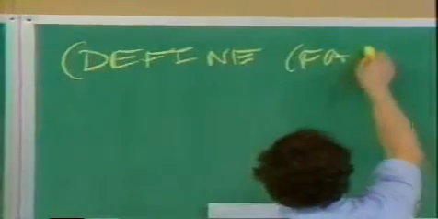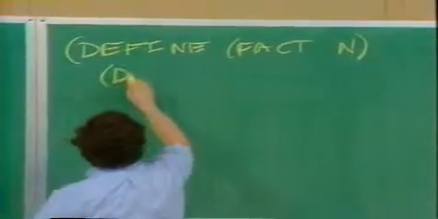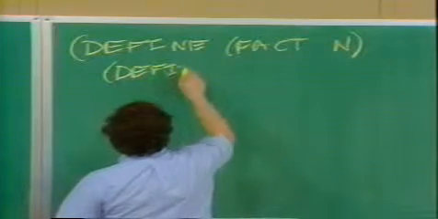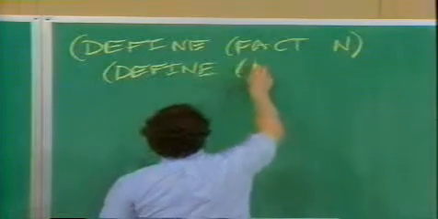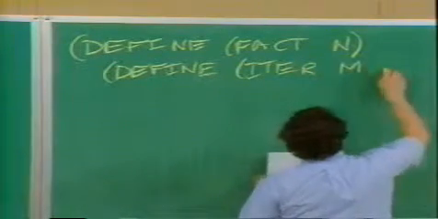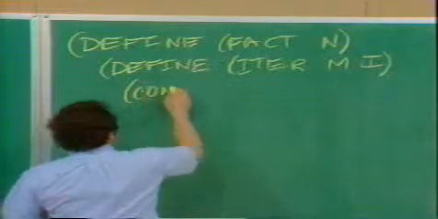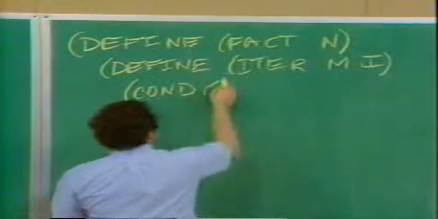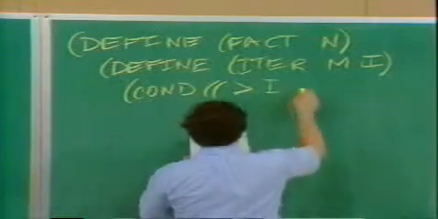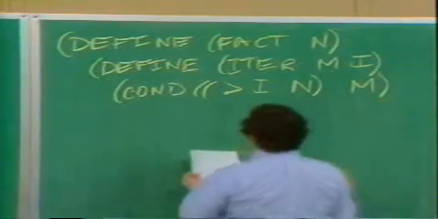Factorial of n, we're going to iterate of m and I, which says if I is greater than n, then the result is m.